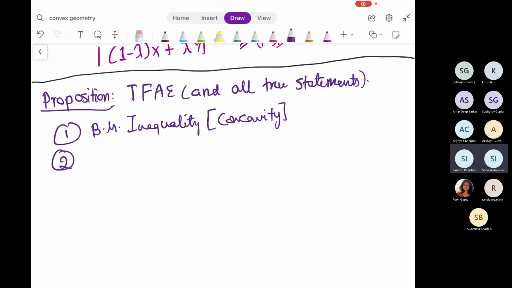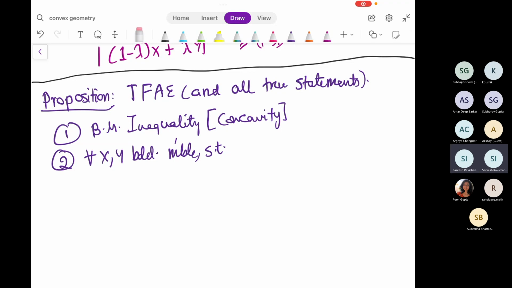The second is the following statement, which looks like a simpler version of Brunn-Minkowski, which is that for all x, y bounded measurable such that x plus y is measurable. Actually, wait, this is obvious, so I don't even need to mention this. If x and y are bounded measurable, then x plus y is also bounded measurable. You can try and prove that as an exercise.